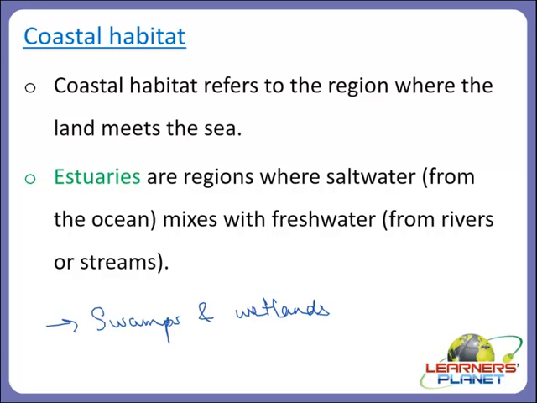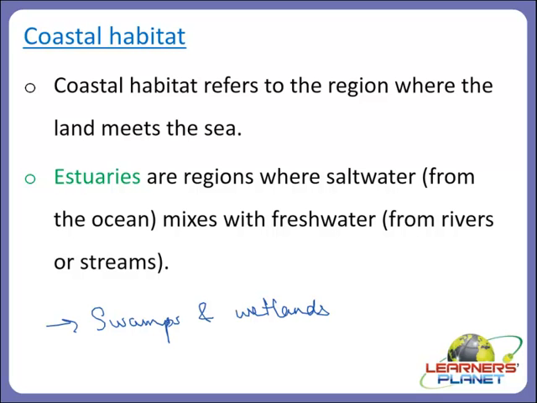Swamps and wetlands are large areas of water that are broken up by small islands of land and large amounts of plants. So these swamps and wetlands, marshes, bogs and fens are found all over the world, generally in more temperate regions where there is vast vegetation growth.